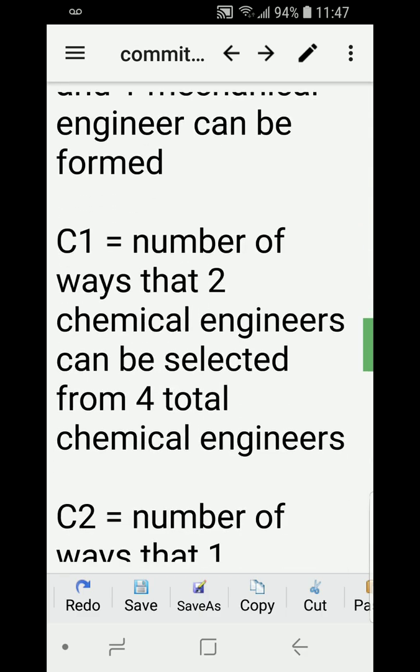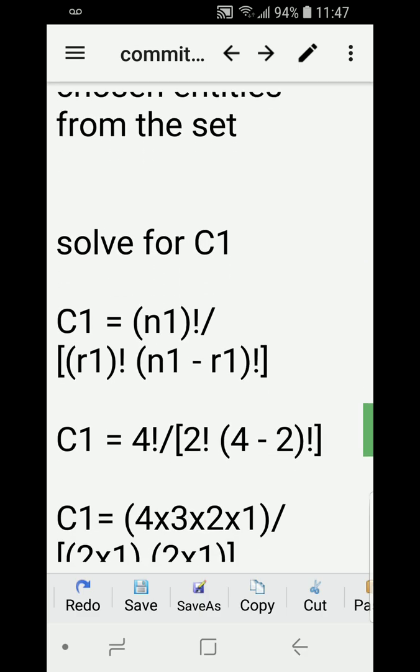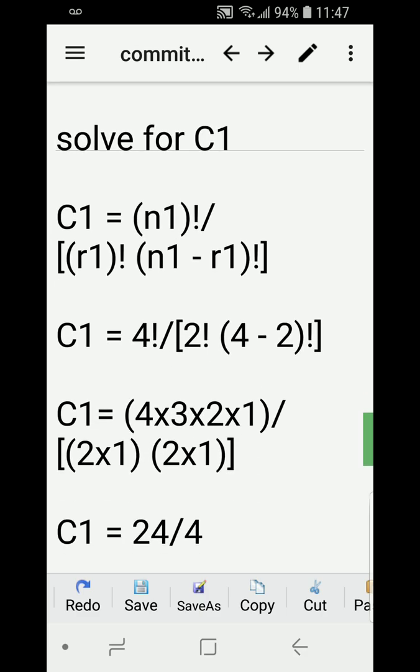So we need to solve for C1 first. This is only relating to the number of ways for chemical engineers. So C1 is equal to N1 factorial divided by R1 factorial times quantity N1 minus R1 factorial. So we substitute N1 and R1 into the equation.